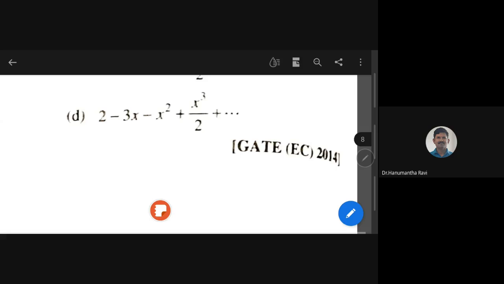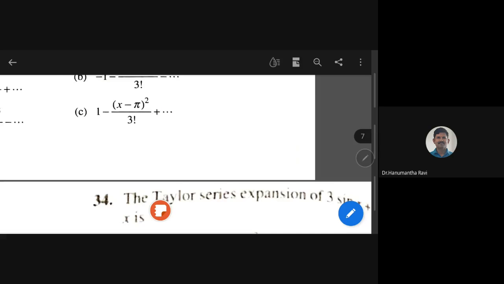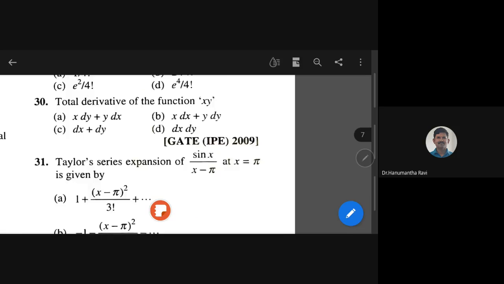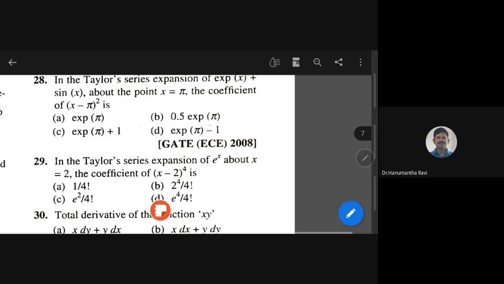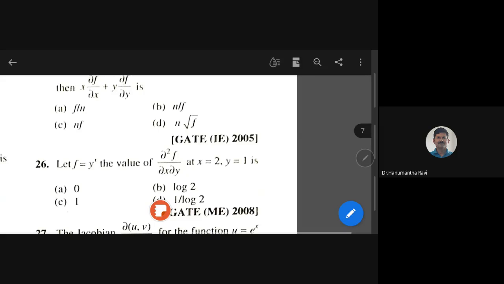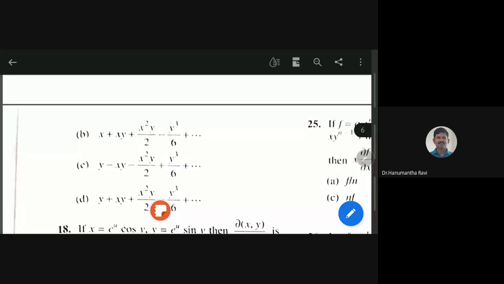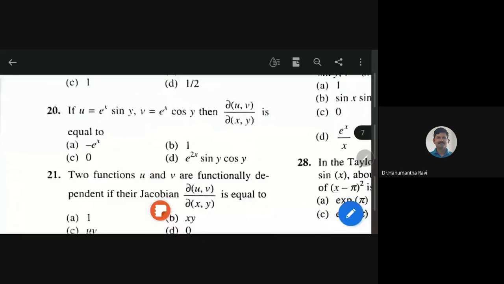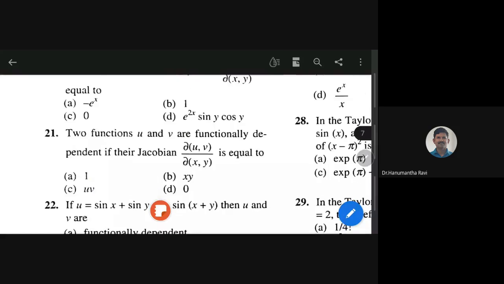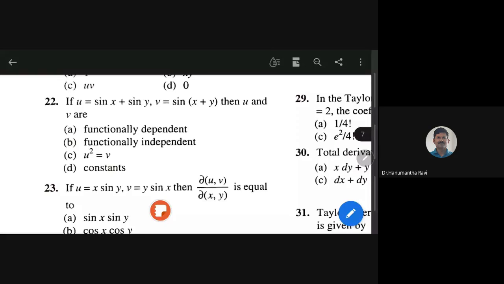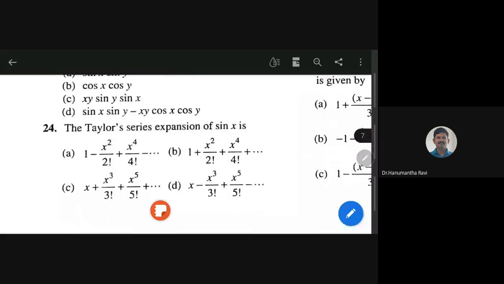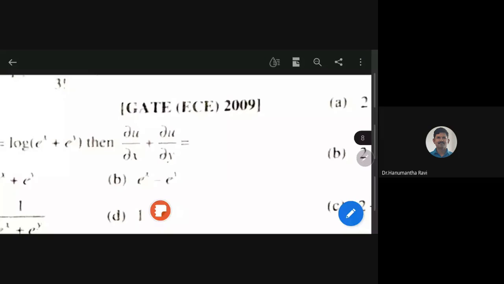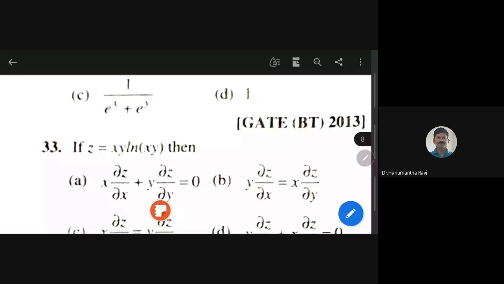Yeah, this we have done. Taylor series also we have done. This also we have done. This is Jacobian. I think we have done a good number of problems.